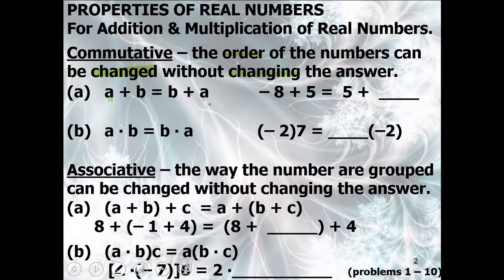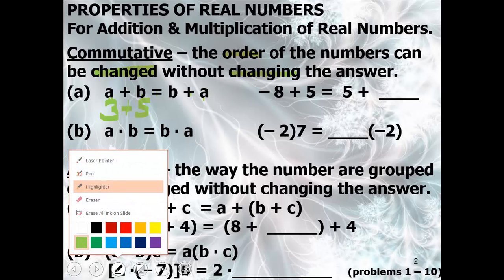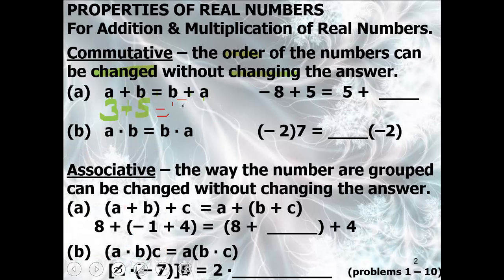So if we have 3 plus 5, that's going to be the same thing as 5 plus 3. 8 is 8, right? Doesn't matter the way you order your numbers when you add them or multiply them, okay?